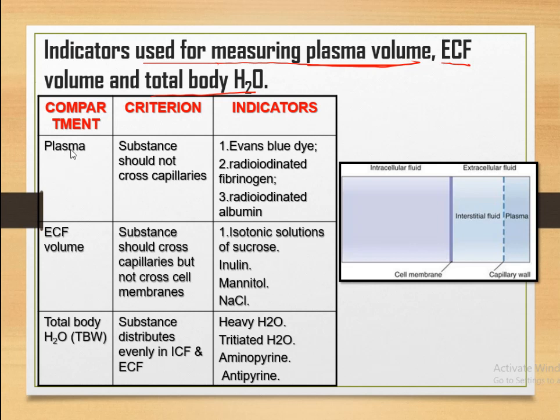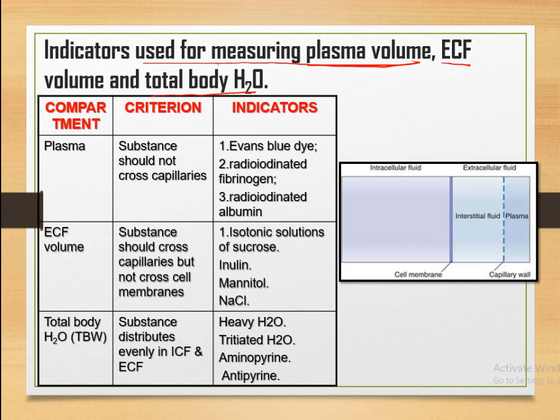So the first one is plasma, which forms part of the extracellular fluid. For this plasma, the criteria should be that the substance should not cross the capillary. This is about the blood vessels.